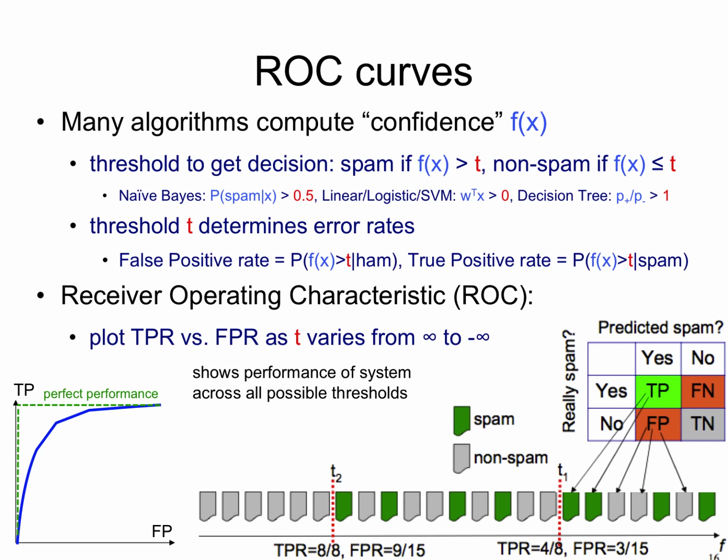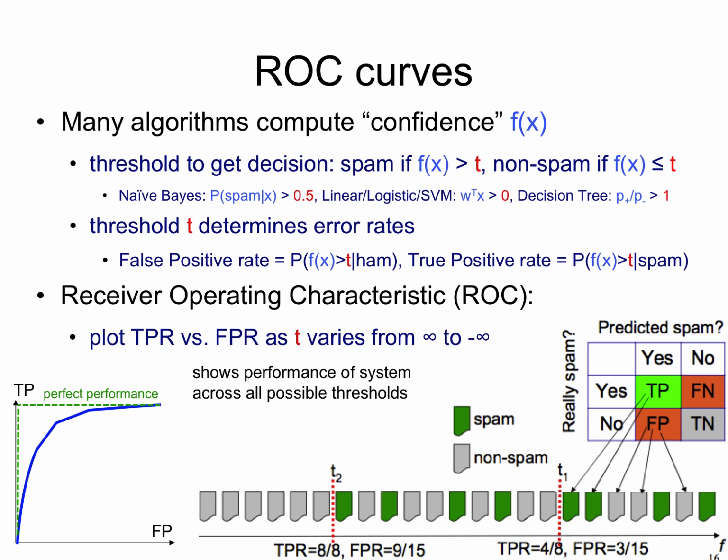So at this point, I have a true positive rate of 100%. I've classified all the positives correctly. They're on the right side. Okay. And all the negatives are on the left. So I have a 0% false positive rate. Now, if I move the threshold a little bit to the left, I'm going to increase my false positive rate.